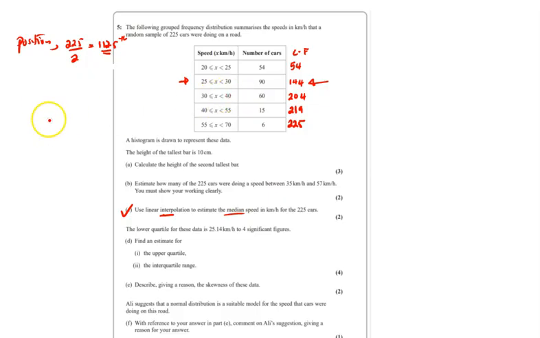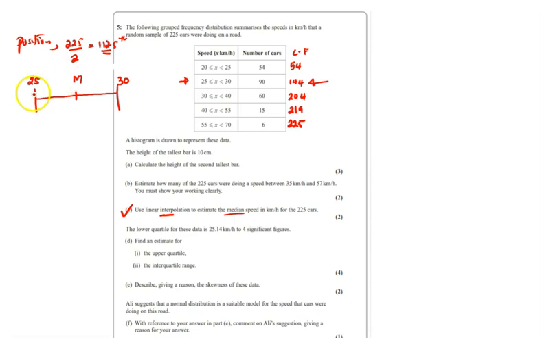So the interpolation, I'll do it over here. That means we are having the speed of 25 to a speed of 30. And in the middle here, we have the median, which we don't know. This is what you're looking for.